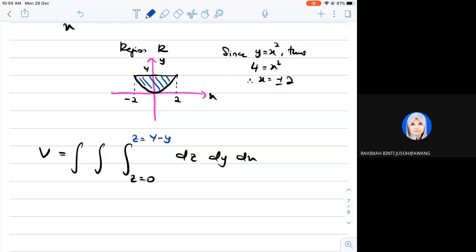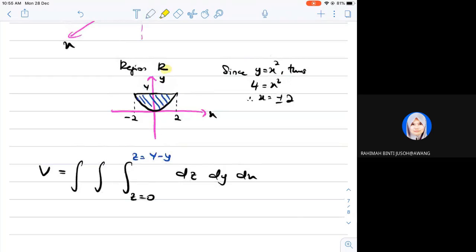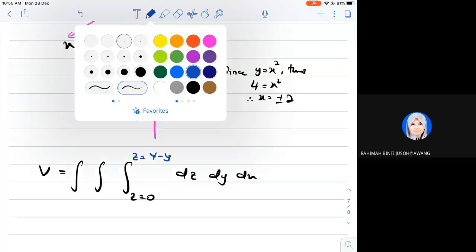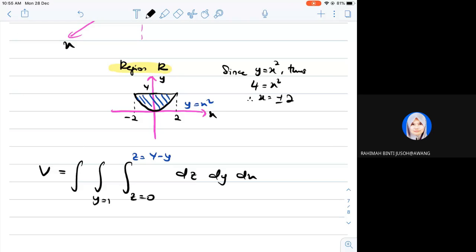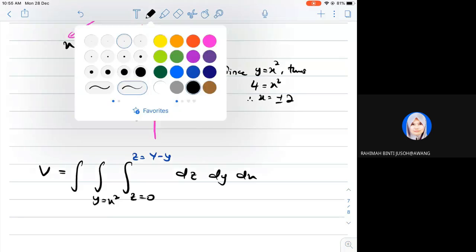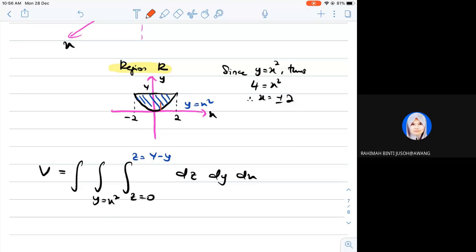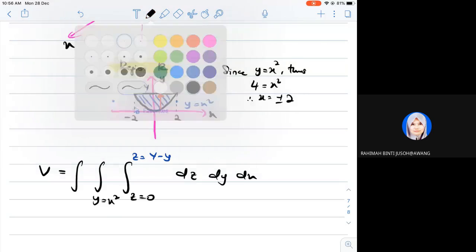And the limits of y and x, we refer to region R. So the lower limit, of course, y equals x squared, until y equals what? From bottom to top. Yes, very good, until 4.